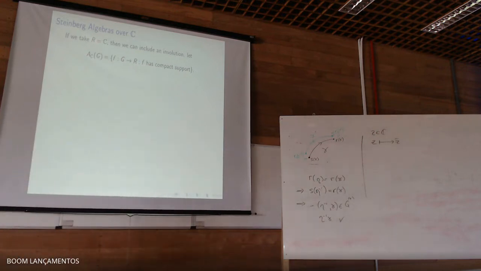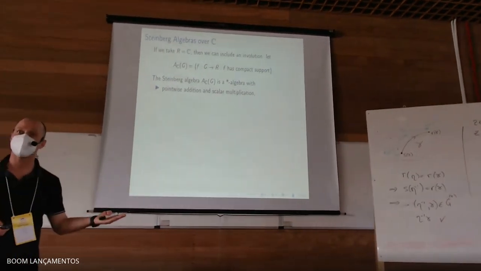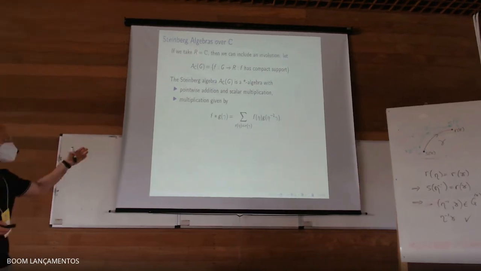And therefore, we can add another operation. So again, we start off with those functions from G into C, pointwise addition, scalar multiplication. So this time we don't have an R module, we have a vector space. We define multiplication.